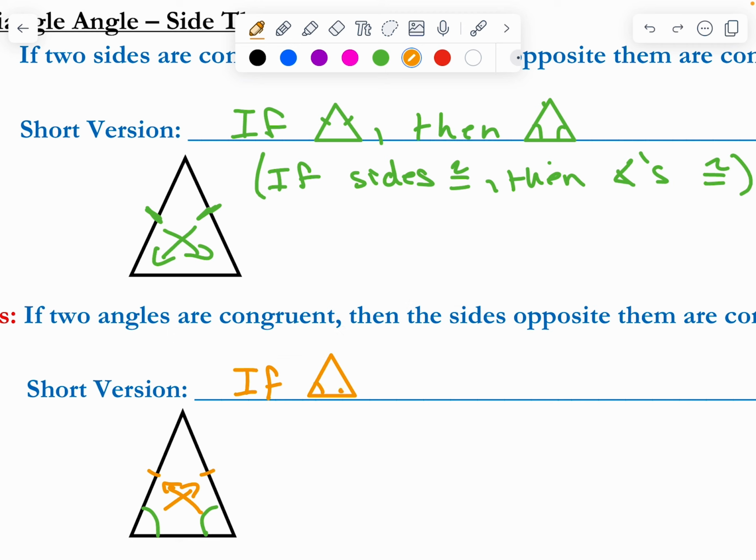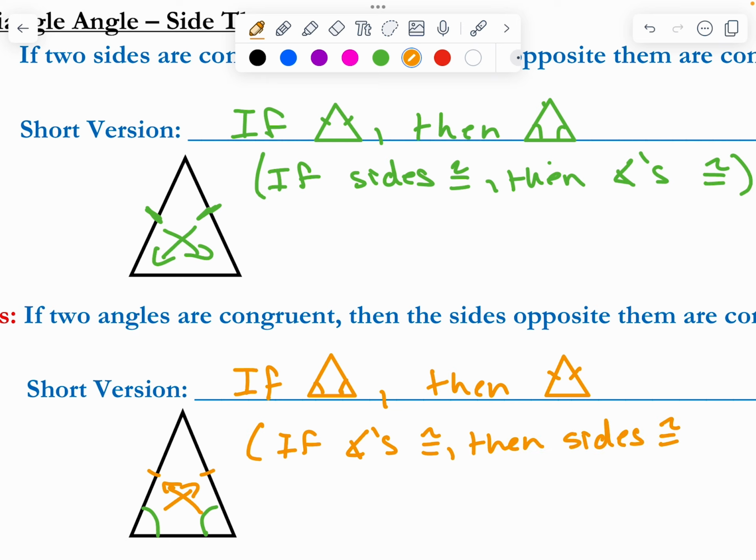If angles are congruent, then sides are congruent. So it's just the opposite. It's just the converse of what we just learned. If angles are congruent, then sides are congruent.